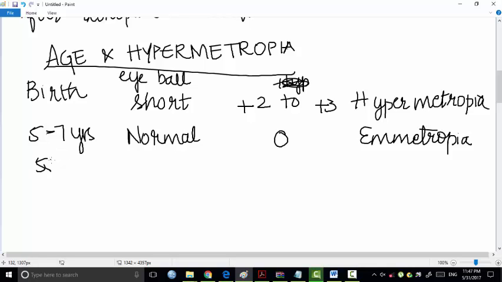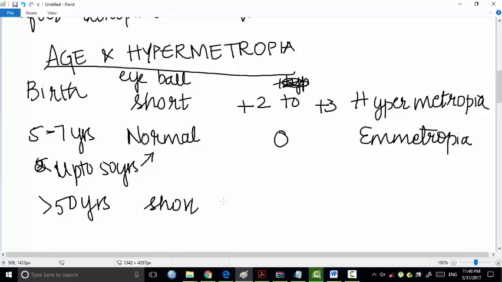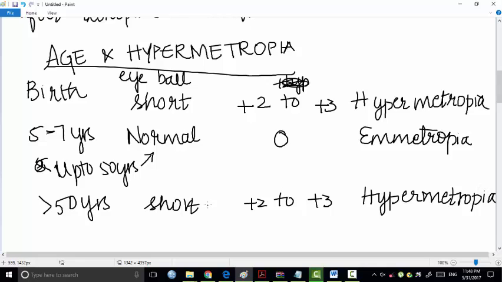Up to 50 years, the eyeball is normal and emmetropic. And once it crosses 50 years, that is after 50 years, it is short again with +2 to +3 hypermetropia, right?